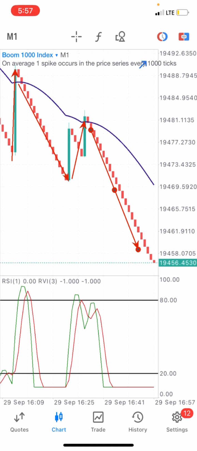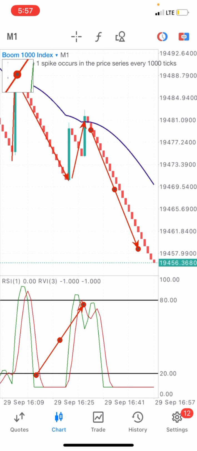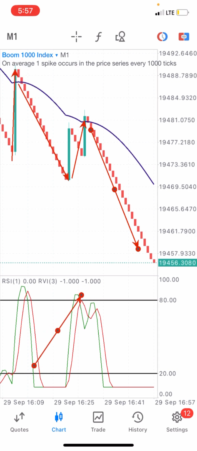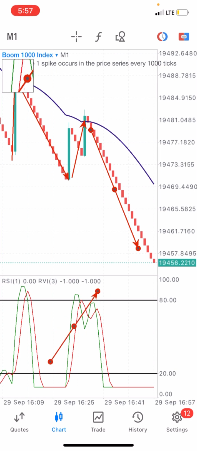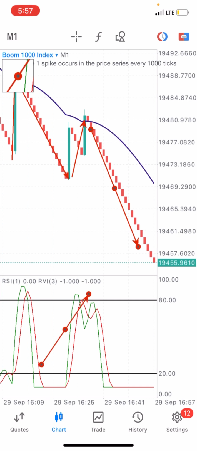Okay, so eventually you see price, you see this green and red line around this region, right? Your relative vigor indicator, once you see them come to the level 80, remember I told you guys that the level 80 here is the overbought region, the resistance region, where you find selling pressure in the market.